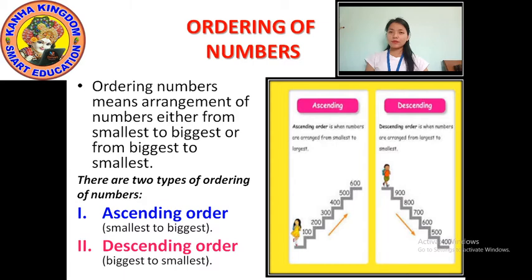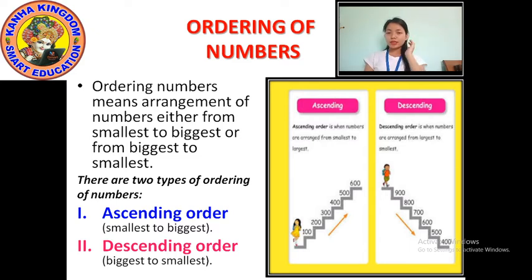There are two types of ordering of number. The first one is ascending order, smallest to biggest. When the number are arranged from smallest to biggest, it is called ascending order.